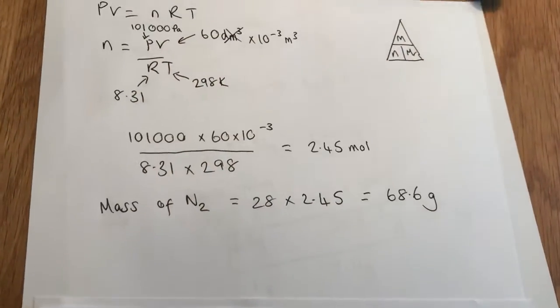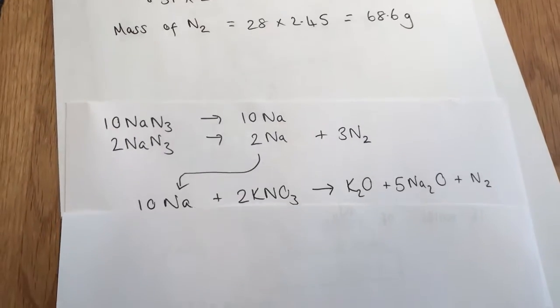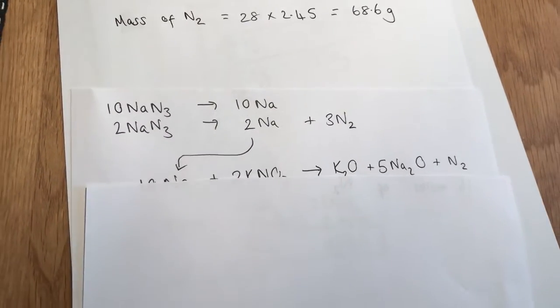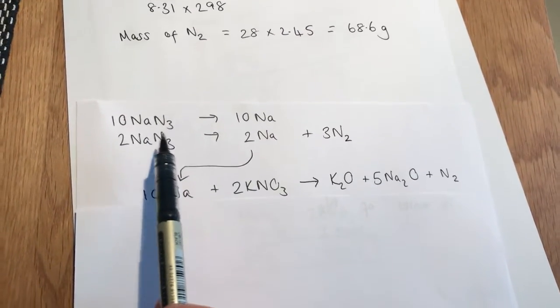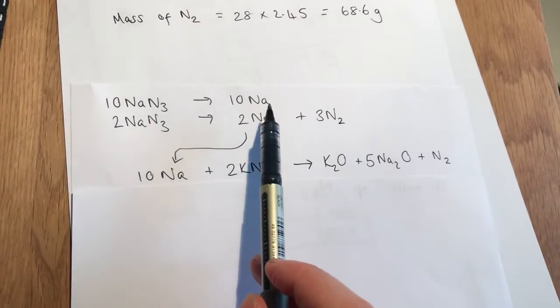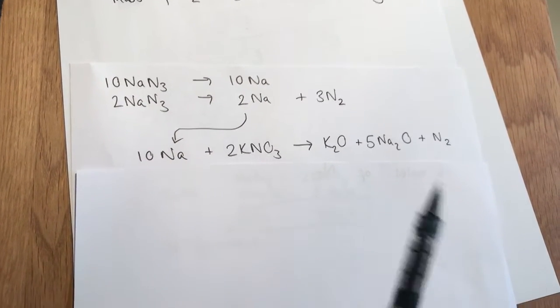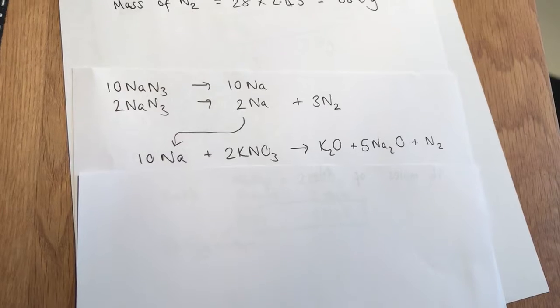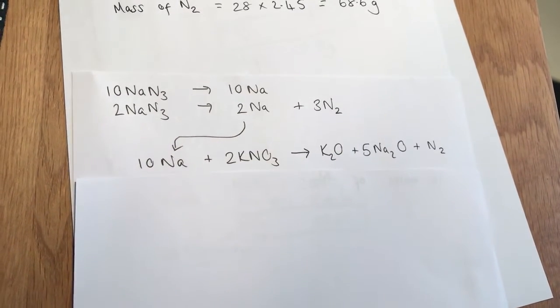Now, if we go back to what we did earlier, we know from those equations that 10 moles of sodium azide produces 10 moles of sodium, which reacts with 2 moles of potassium nitrate. What we've got to work out now is how many moles of nitrogen are produced.